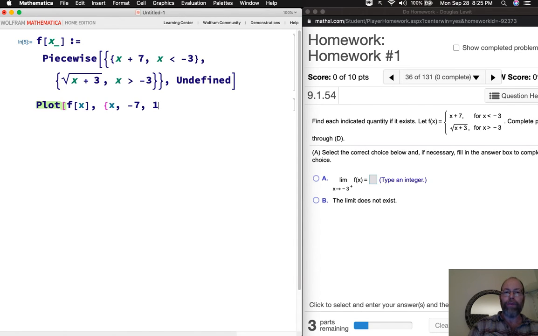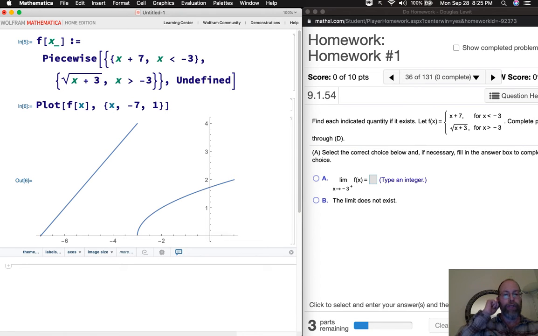So therefore, my graph window will show everything that's happening from x equals -7 to x equals 1, and -3 should be exactly in the middle. And the picture looks like that.